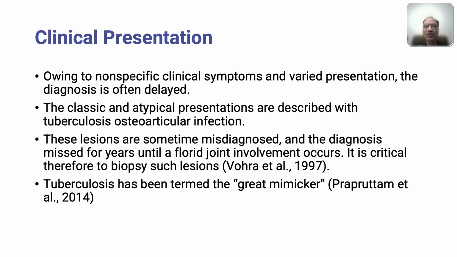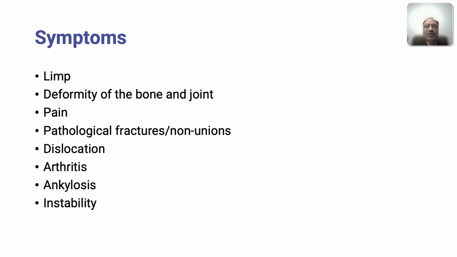So if we are going to talk about tuberculosis, we always have to keep it as a differential diagnosis for any bone and joint involvement. Next slide. If we are talking about the symptoms of the patients, they are highly varied, from limb deformity of the bone and joint, pain or a pathological fracture, dislocation, arthritis, ankylosis, or instability.